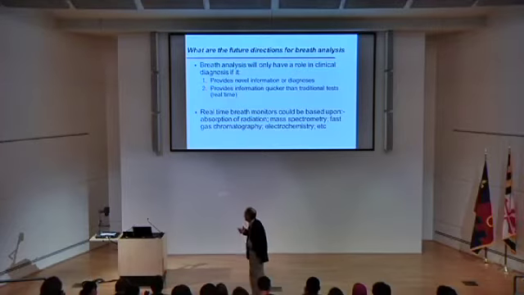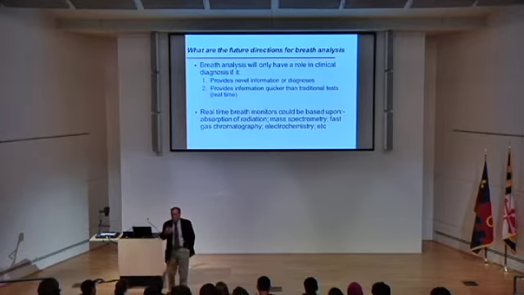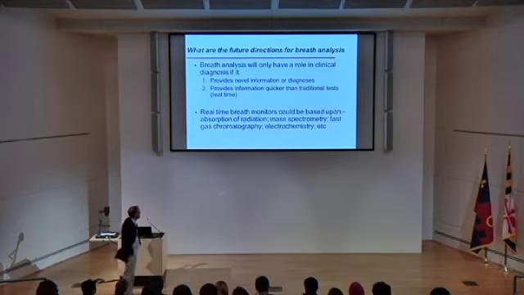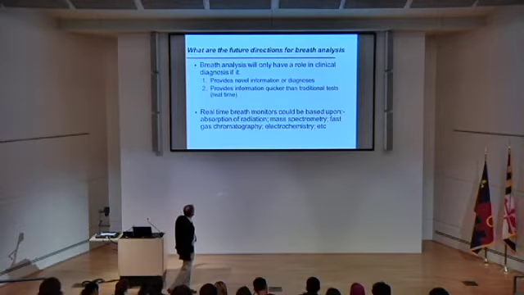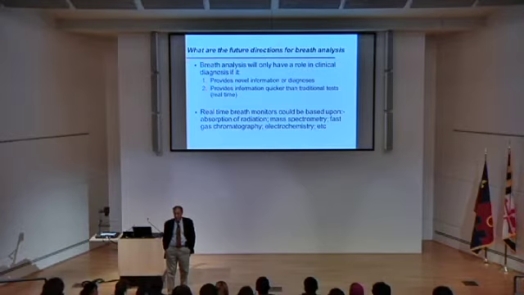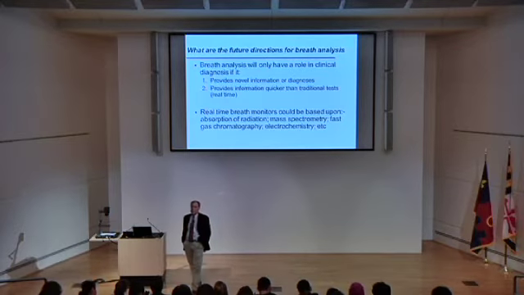Okay, so I picked some examples from my lab. What I'd like to do now is talk about where we're going in the future. What's the future of it? Breath analysis will have a role in clinical chemistry if it provides new information or diagnosis, and it provides this information quicker than conventional means.